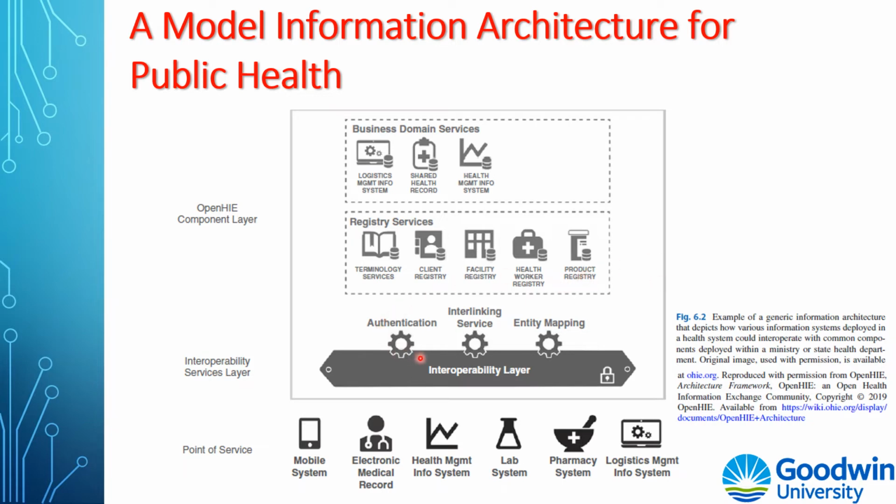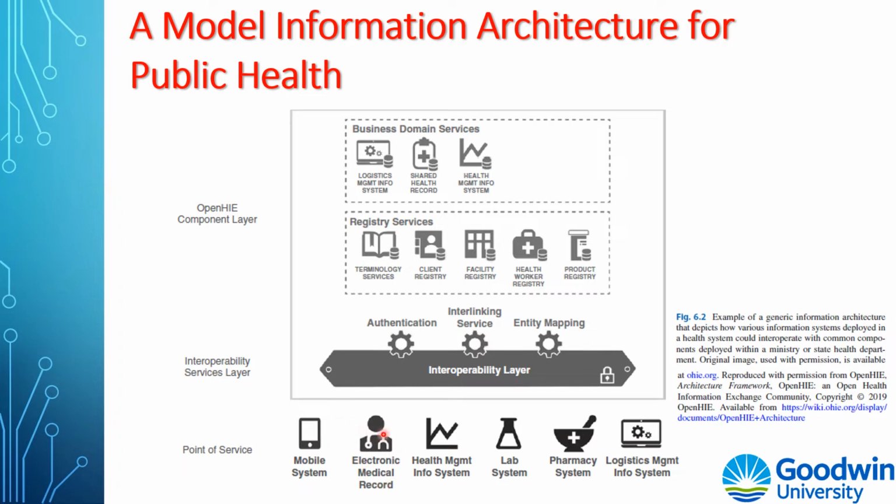All those things can be run through what's called an interoperability layer. And those allow different functions: authentication, interlinking, mapping between the databases, and it lets you get that information out to a point of service or back. And it could be a mobile health system, which we'll talk about, or an electronic health medical record, which is important.